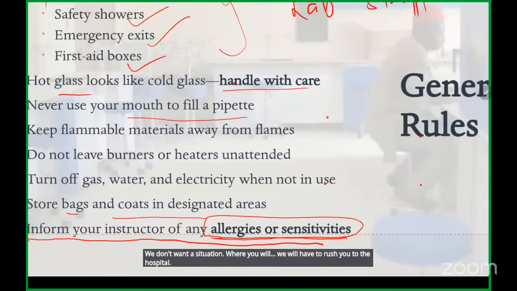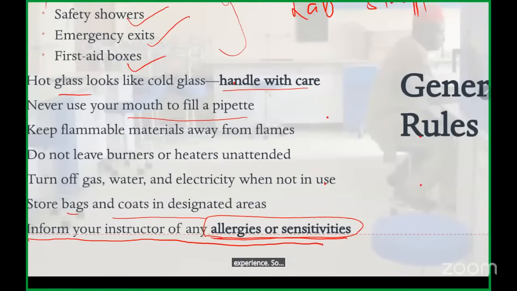It is not a nice experience. So note that if you want to tell anybody about any health issue, allergy, sensitivities and other health issues, please bring it up to the instructor.